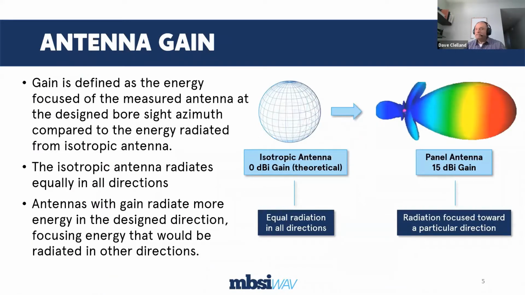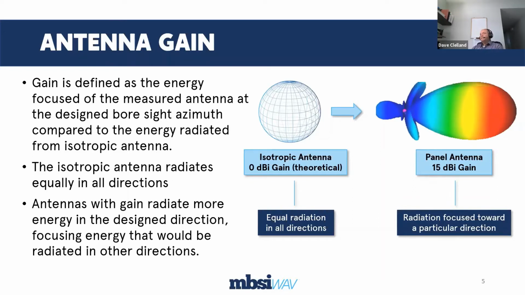All right, let me just define antenna gain for a second here. Antenna gain is the ratio of the energy that is being transmitted out of an antenna in its design direction as compared to the energy that would be radiated from a theoretical isotropic antenna.